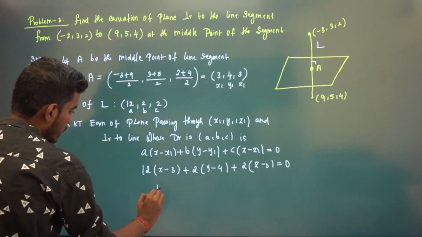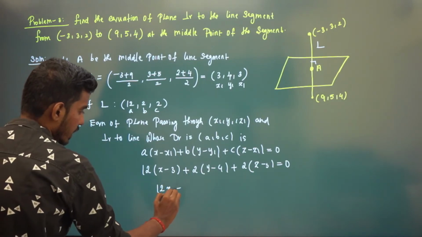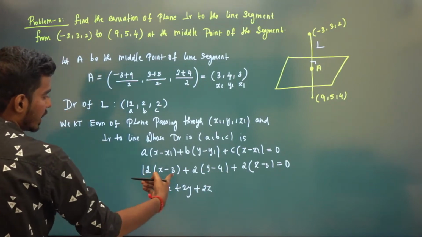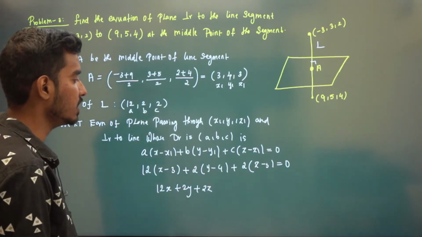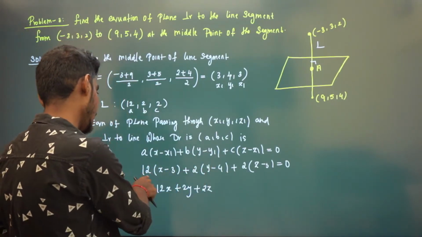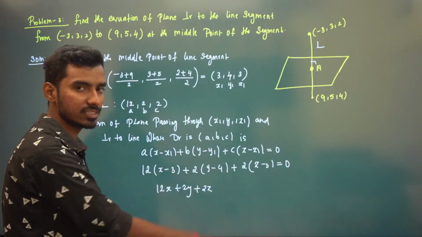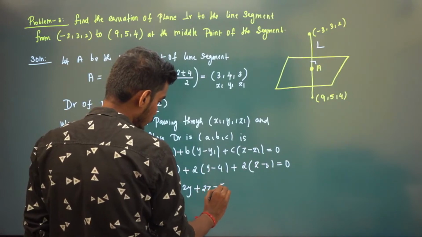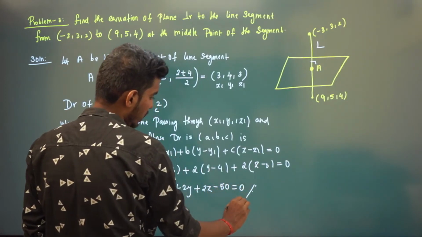So we have 12x plus 2y plus 2z minus 36 minus 8 minus 6, so minus 50 is equal to 0. So this is the required equation of plane.